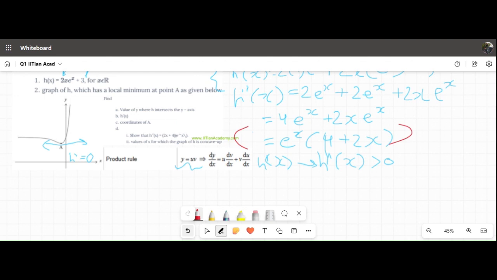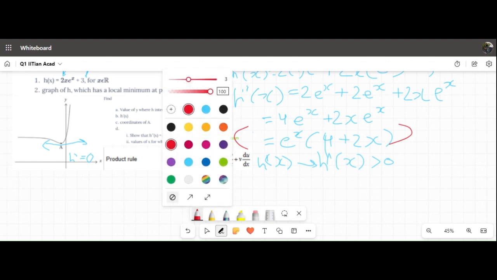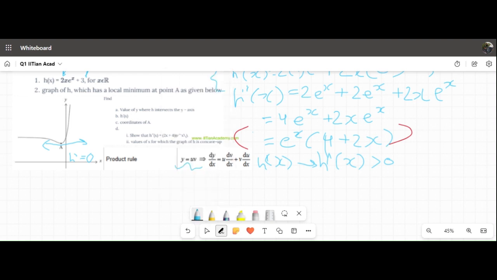So if we look at our second derivative here, e to the power of x multiplied by 4 plus 2x, we can solve for when the function is greater than 0. If we look at our first term, we know that e to the power of x will always be greater than 0. So it will be based on our second term, 4 plus 2x, and we will set that greater than 0.